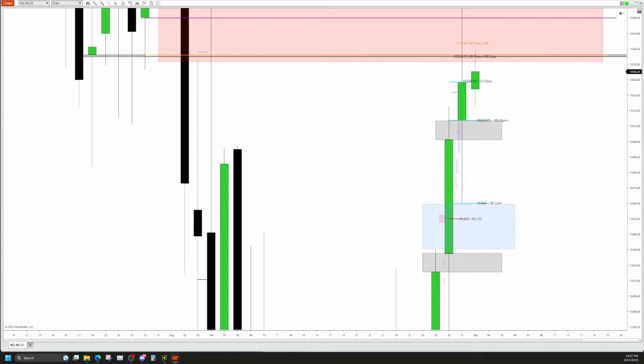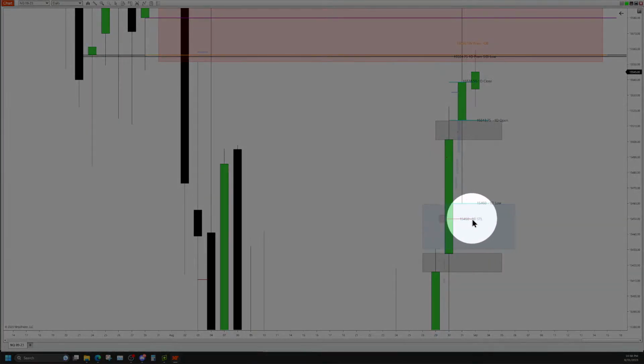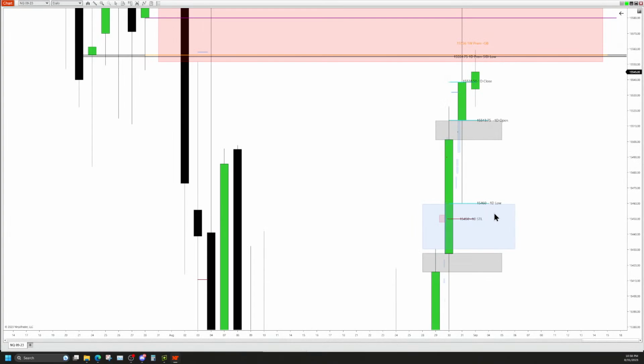Okay, so with that 15,450, we're going to move that all the way to Friday at 4 p.m. So I basically just drove this out to the right so that it closes at 4 p.m. on Friday. I want to make sure that that's a key level.